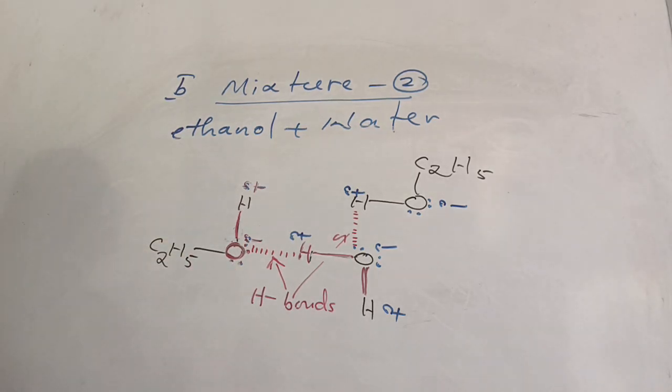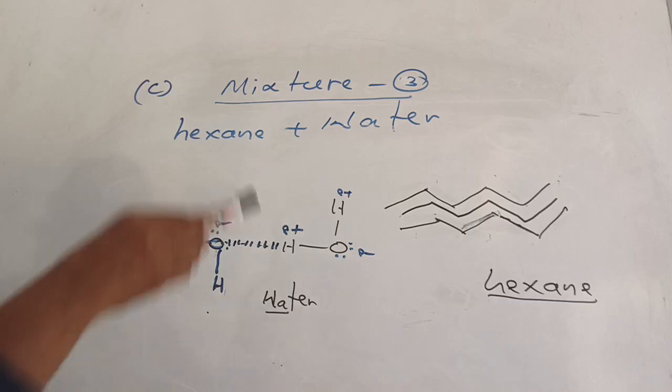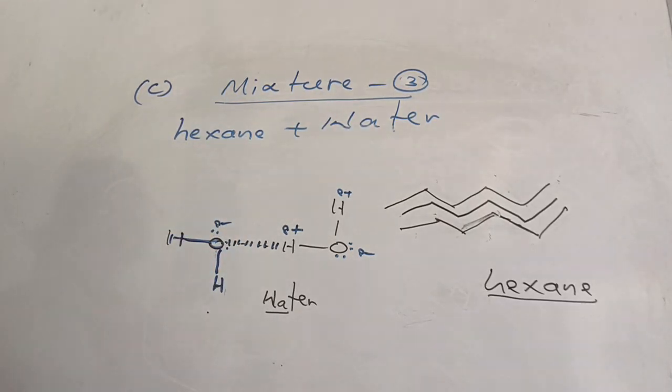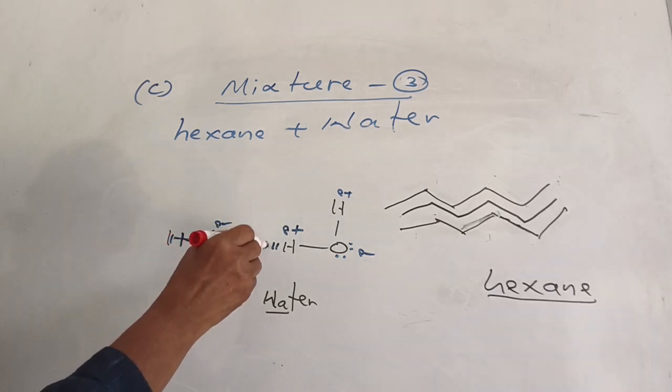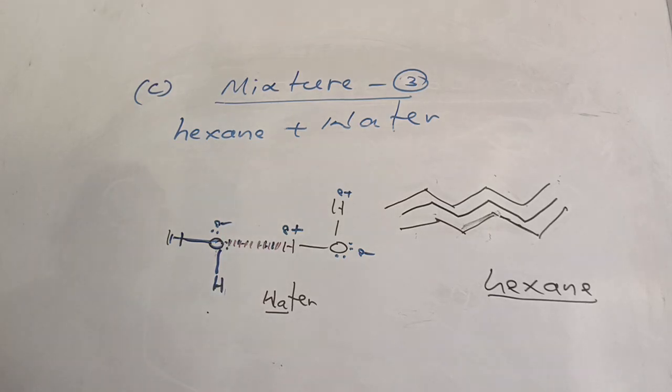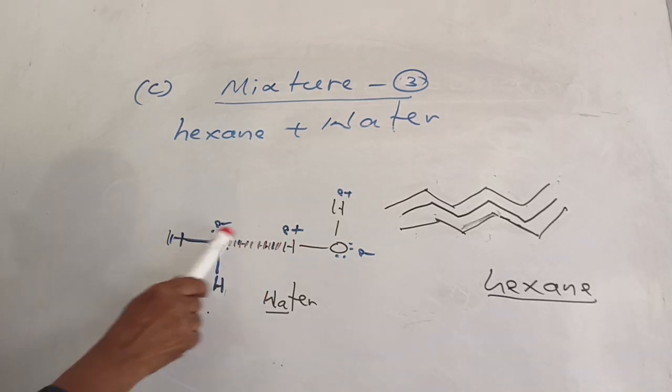We move on to the example of mixture 3 to see why hexane is insoluble in water. I have taken mixture 3, which is hexane and water. They remain insoluble. They are not mixing with each other. The main concern is that the strongest intermolecular force, hydrogen bonding, is present between water molecules.